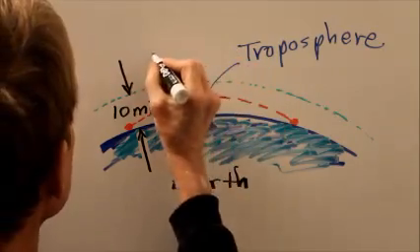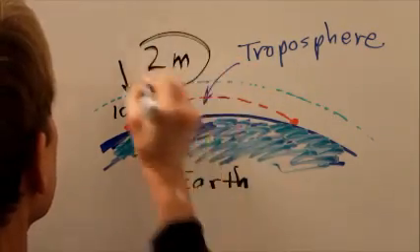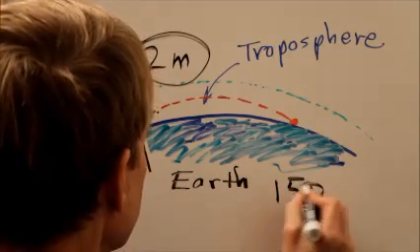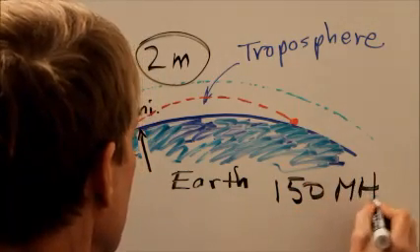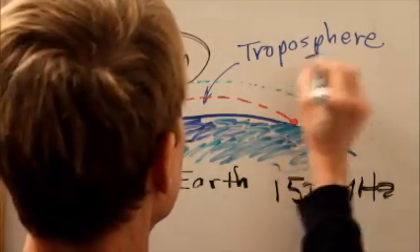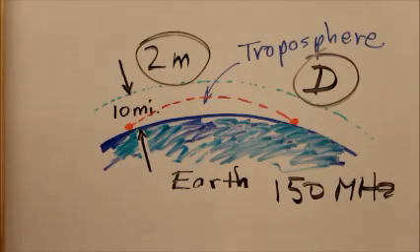So 2 meters, which corresponds to a frequency of roughly 150 megahertz, would be the wavelength that we would most likely find this phenomenon taking place. And that is choice D.